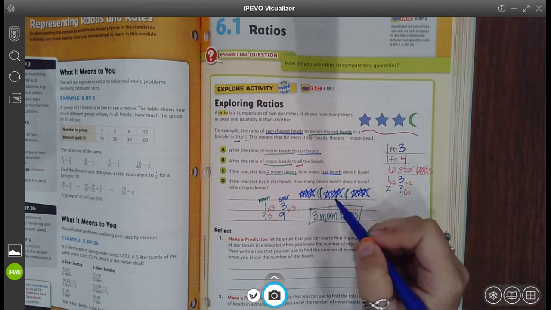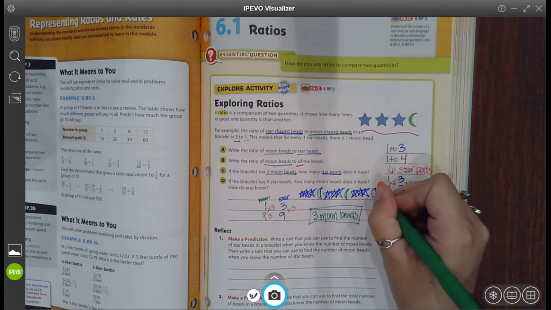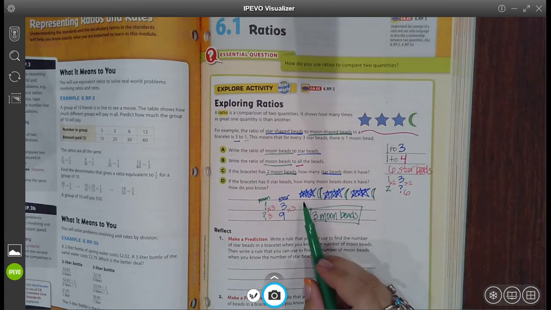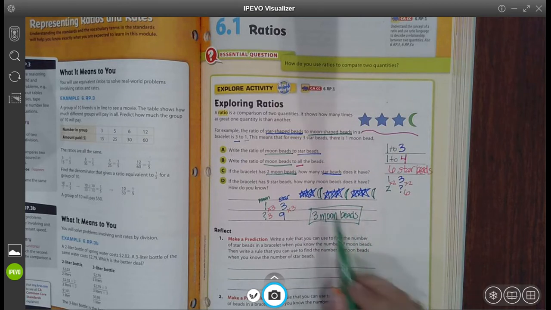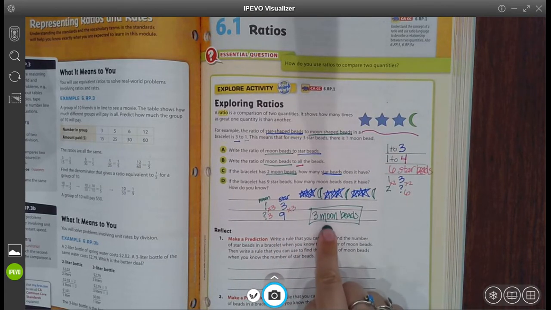Now you're at a total of 9 stars, but of course, for every 3 stars, you need to add another moon. And it makes sense. When there was 3, 6, 9 stars, there was 1, 2, 3 moons. But rather than having to draw that picture out, I could have used this helpful little ratio here to help me figure out how many that missing piece was that they didn't tell us.